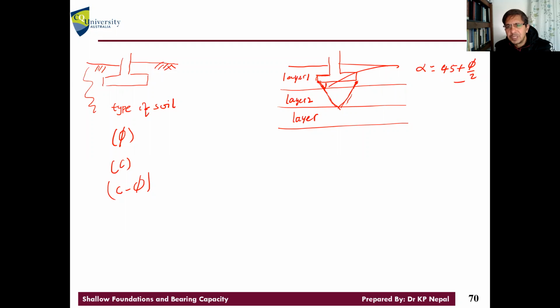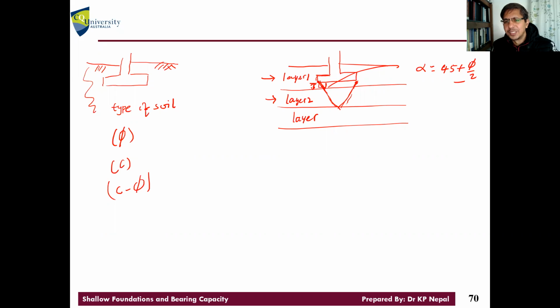Okay, if it goes to the lower layer, then which bearing capacity factors do we use? That one, or do we mix them? What do we do in this case? For me, as a geotechnical foundation designer, if this layer has a very small thickness, let's say 1 meter or half a meter, I don't feel good putting the footing over here, right?